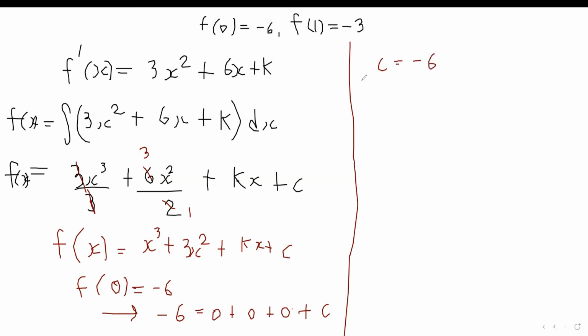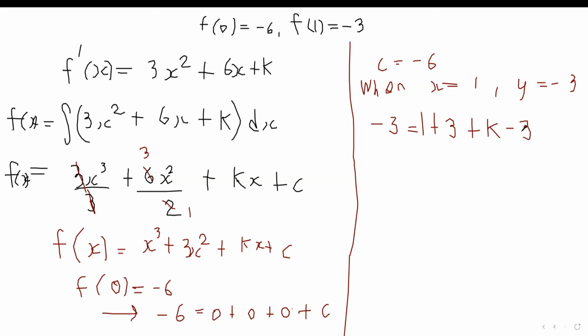Now let's plug in when x is 1. When x is equal to 1, we can plug 1 into the function, and we know that the y value is negative 3. So we set up the equation minus 3 is equal to 1 cubed is 1, plus 3 times 1 squared, that is 3, plus k times 1 is k, minus 6.